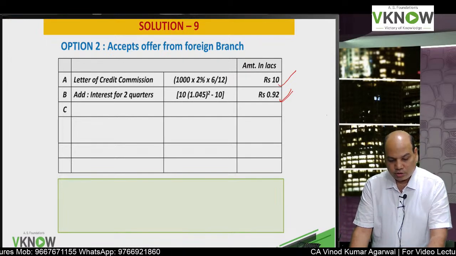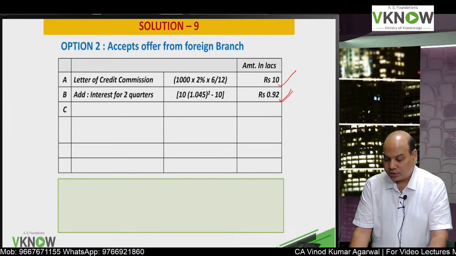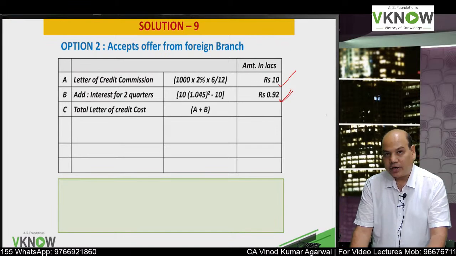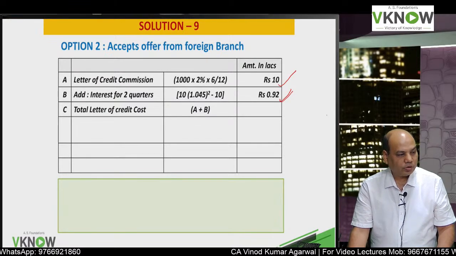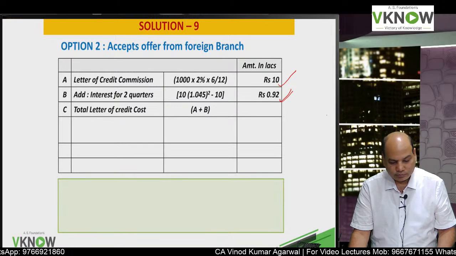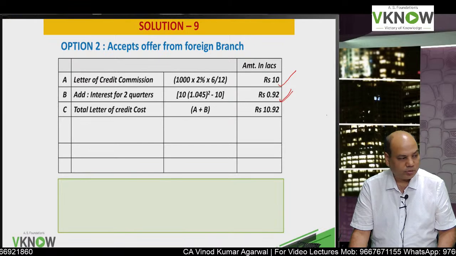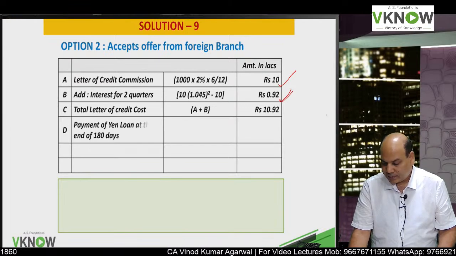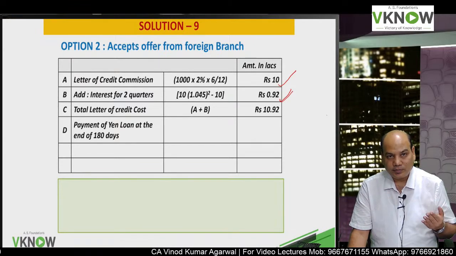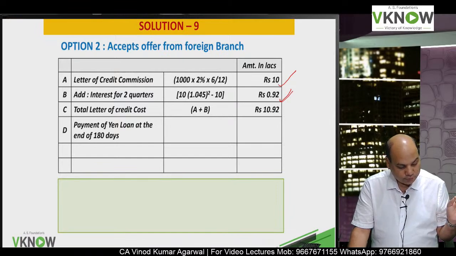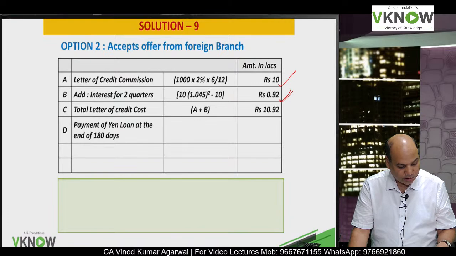The opportunity cost of 10 lakh for 6 months in India is 0.92 lakhs. So total letter of credit cost is 10.92.